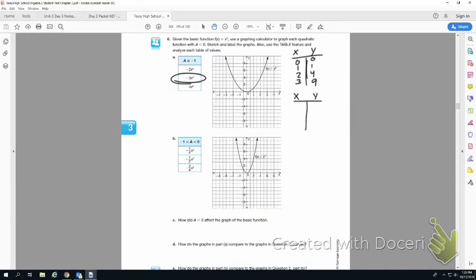I'm going to do what? Alan, what am I going to do? Well, but if that's my a value, what am I going to do with all my y values and negative 3? Philip helps out. Multiply by negative 3.